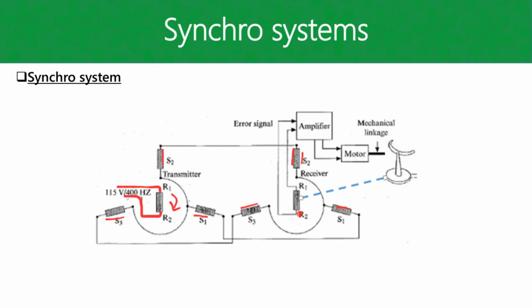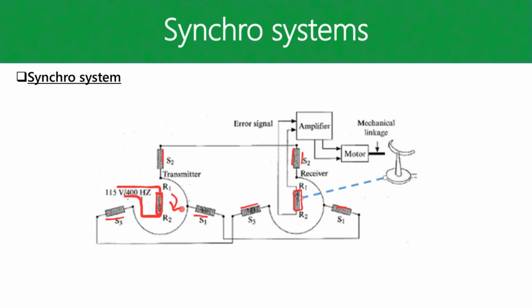Now if the position of your two rotating coils is the same, then your amplifier is not going to have anything to amplify. But let's say we adjust our transmitter, which is going to be your input side.